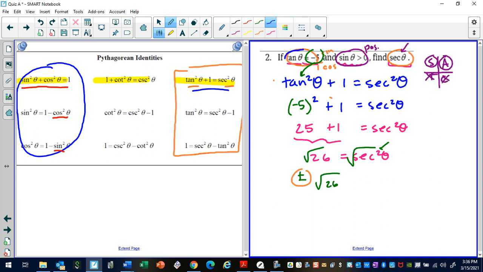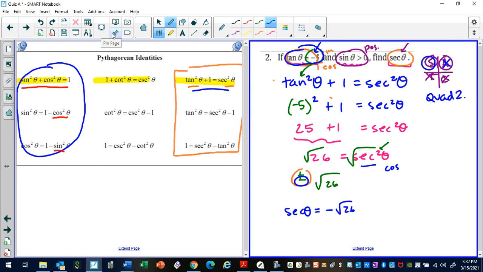And then back here, we had tangent being negative, so that's going to be in this quadrant, because in the A quadrant tangent would be positive. So if we're in quadrant 2, that tells us that secant, which is the reciprocal of cosine, is going to be negative. So that should be your final answer for number 2.